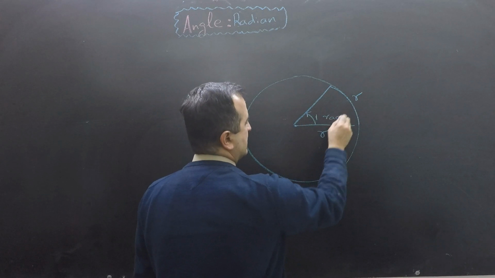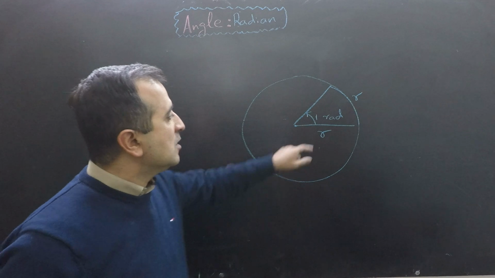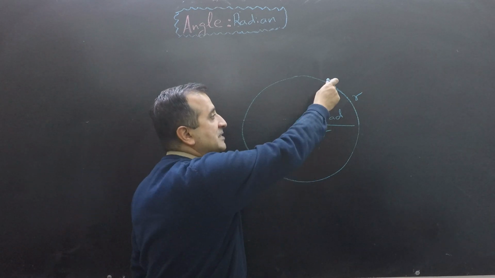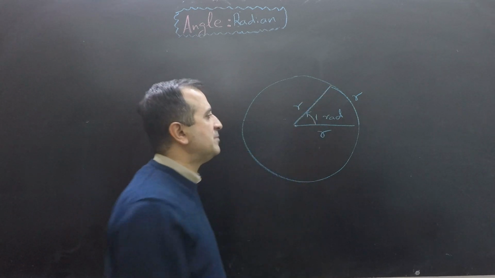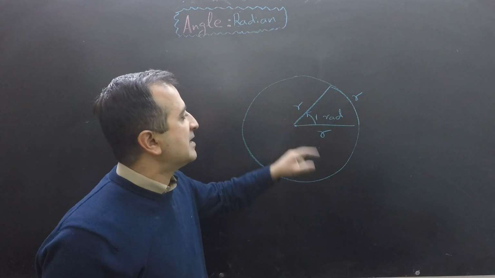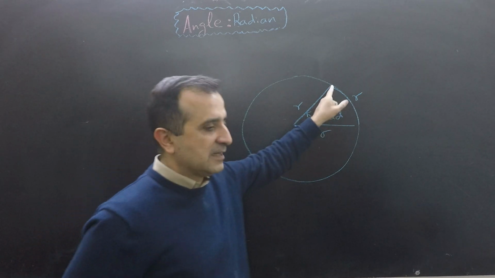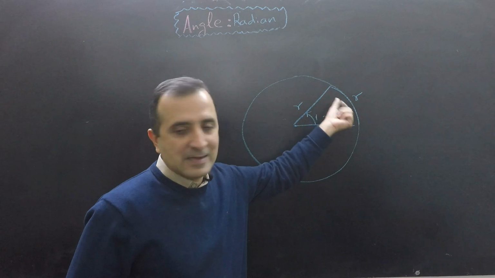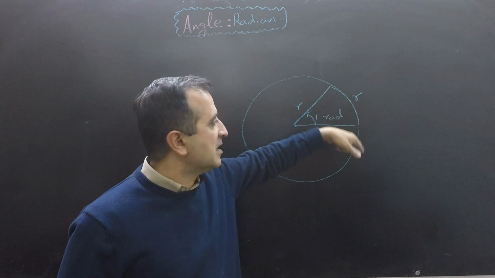Or maybe 1 rad in this case. So what is this distance? This is also r. So this is a beautiful triangle where two sides are r and the third side is not r, maybe less than r, because along the curve it is r.